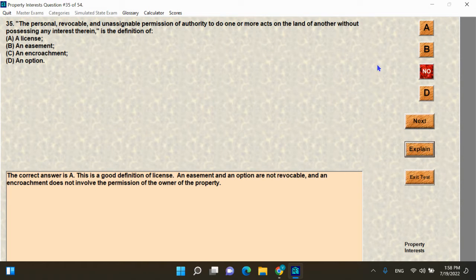The correct answer is A, a license. This is a good definition of license. An easement and an option are not revocable, and an encroachment does not involve the permission of the owner of the property.